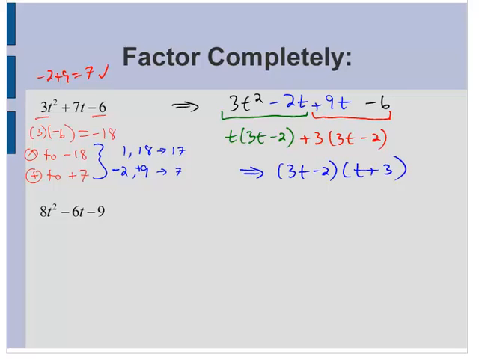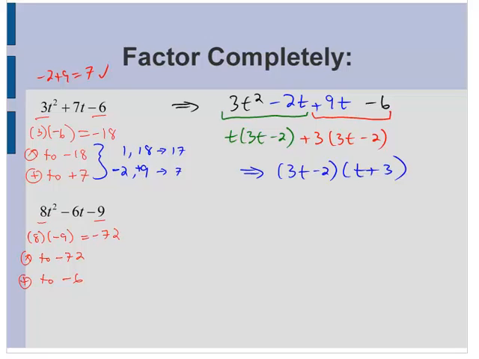8t squared minus 6t minus 9, no common factor. 8 by -9 is -72. So we need a pair of numbers that multiplies to -72 and also adds to -6.